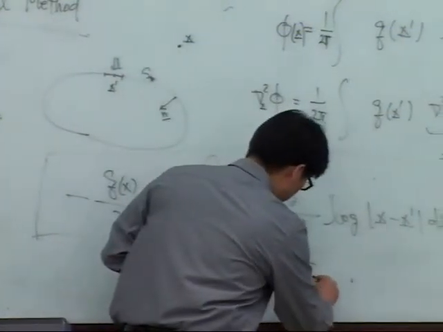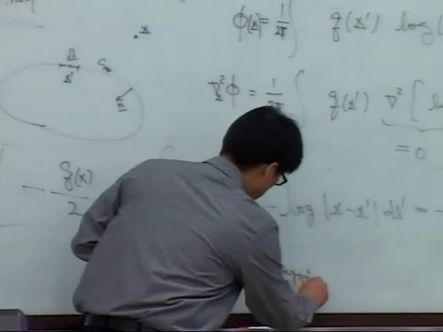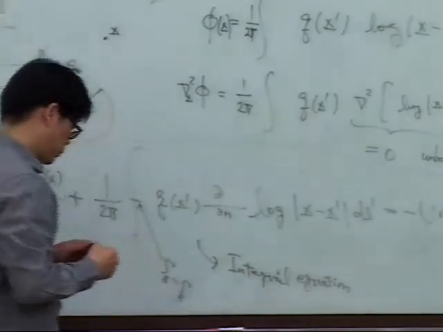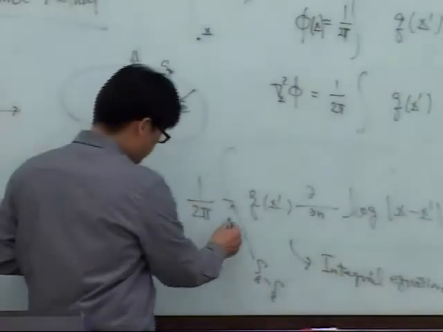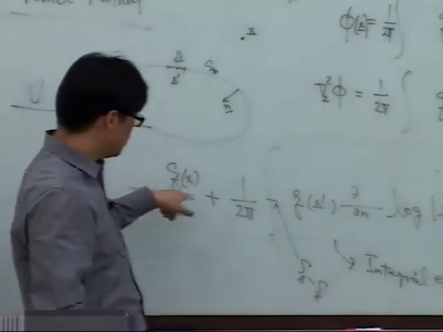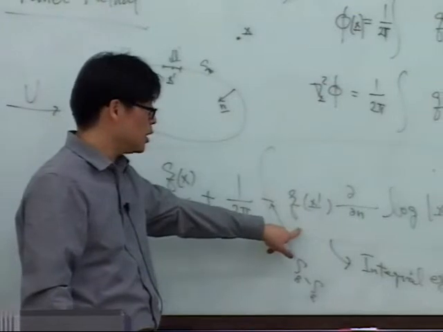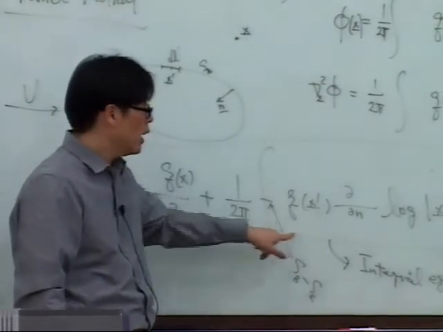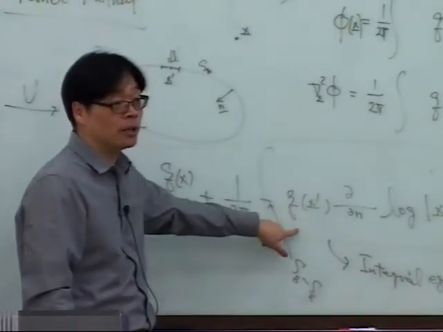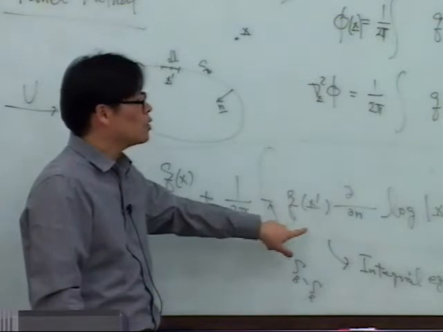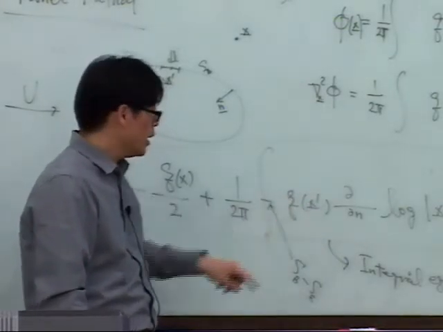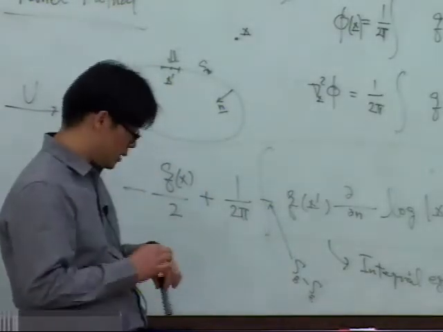So this is an integral equation. And this is along the body surface. Okay. Because the unknown appears inside of an integral, this equation is called the integral equation. And then, of course, for arbitrary geometry, you cannot solve this analytically, so you have to solve it numerically. And that's what the panel method is.